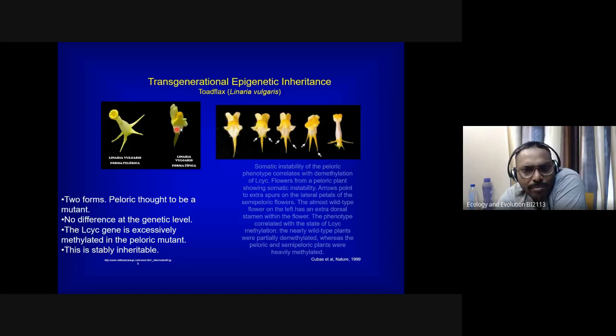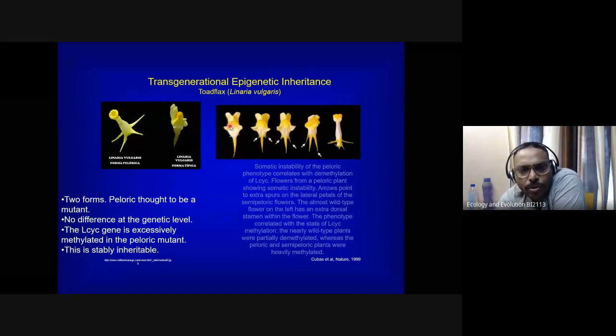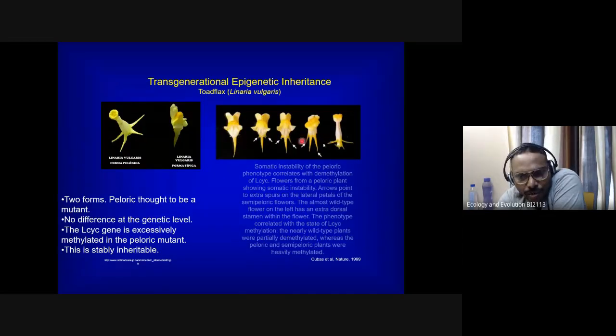Okay, so remember, this is the typical form and this is the methylated form. This is unmethylated, this is the methylated. So when they looked at this plant in detail, they found that you not only find these 2 extremes, but you also find these intermediate forms. In these intermediate forms, you can see that the length of this spur, indicated by this arrow, is greater.